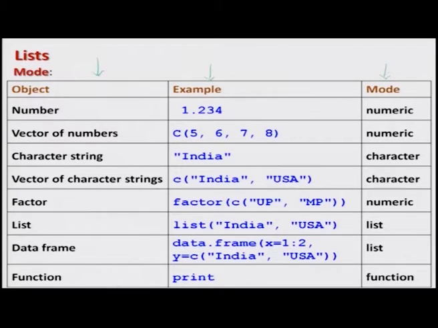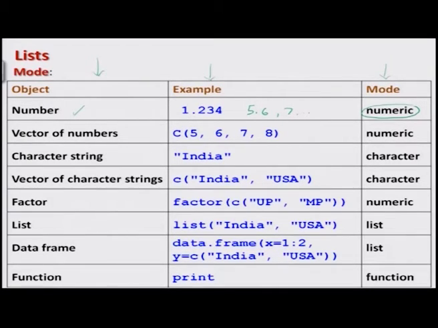So, for example, an object can be a number, for example 1.234, 5.6 or 7 and so on. What is this? We know from our common language that this is a number. So, the mode of this number is called numeric.